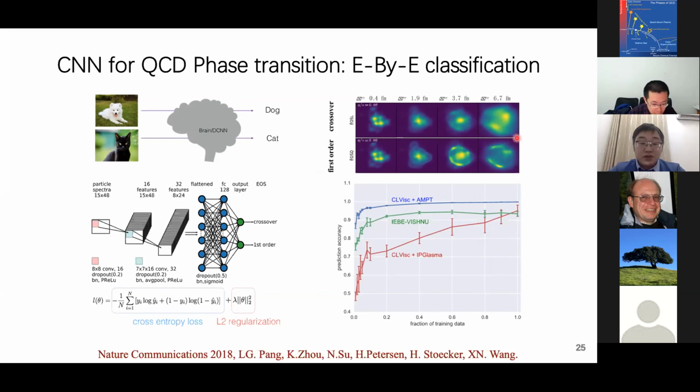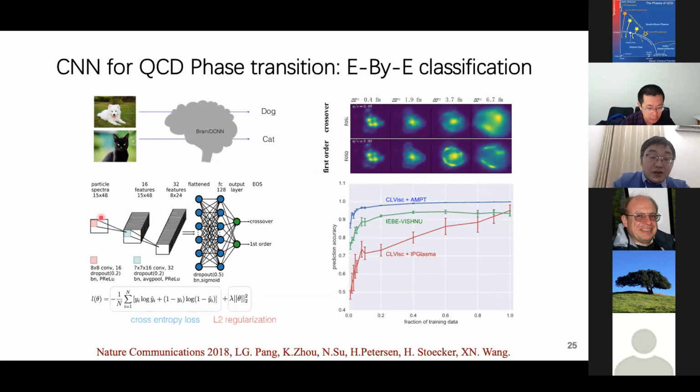So we train this convolutional neural network where the input is the particle spectra with 15 different transverse momenta and 48 different azimuthal angles. There are two convolution layers with two fully connected layers. We have also tried changing the number of layers and found it does not change the final results a lot.